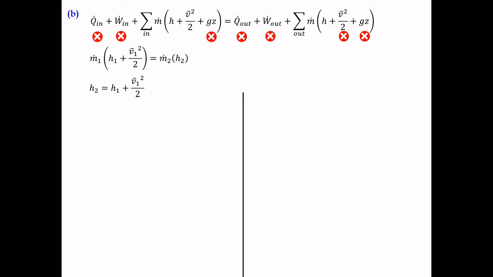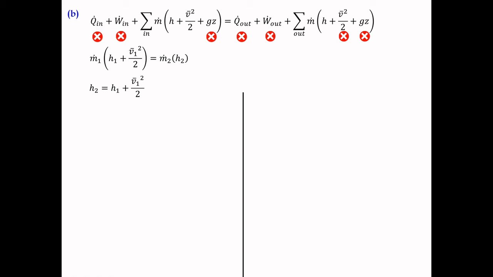So just rearrange the equation, because the values of m1 dot and m2 dot are equal due to the conservation of mass principle. For the diffuser we only have one inlet and one outlet, so the mass flow rate will be equal. So we have the final equation, where H2 equals H1 plus V1 bar square divided by 2.